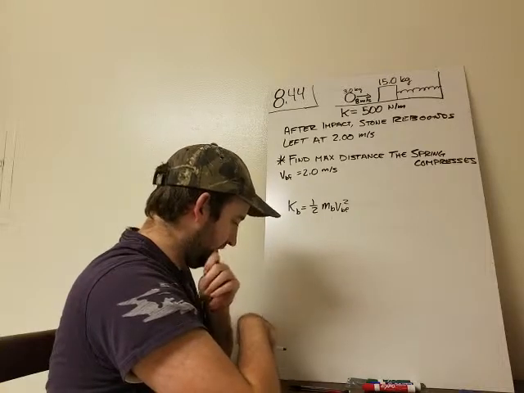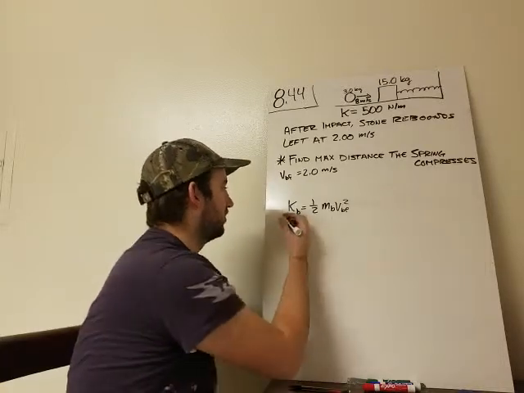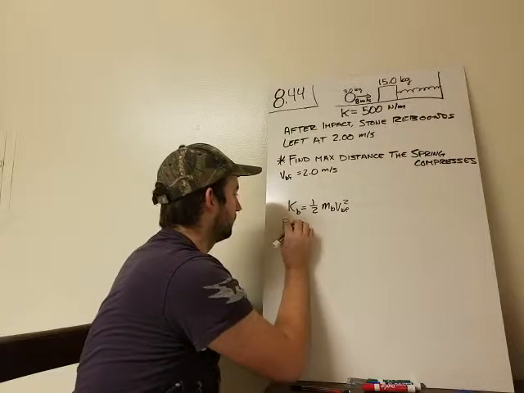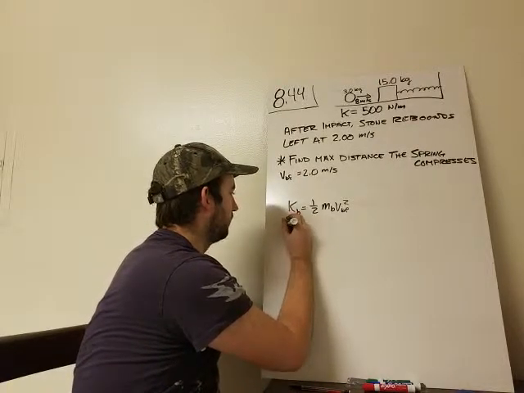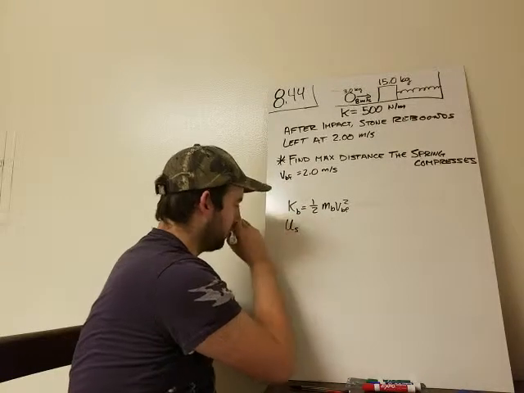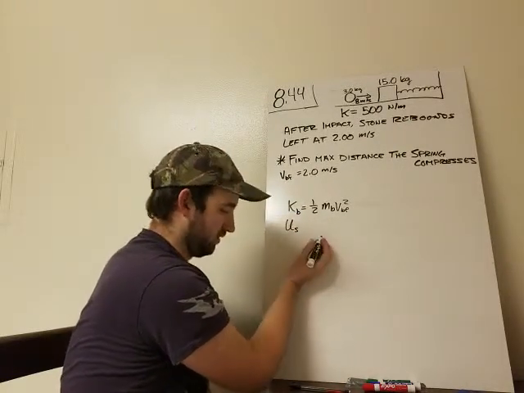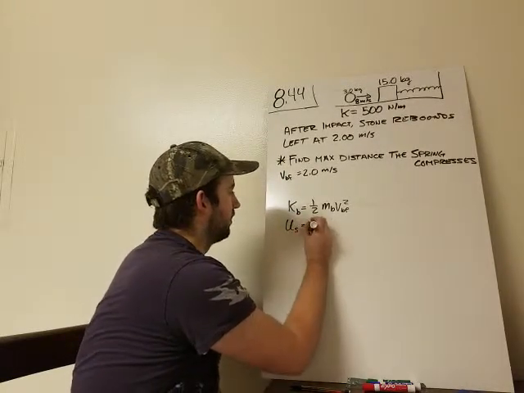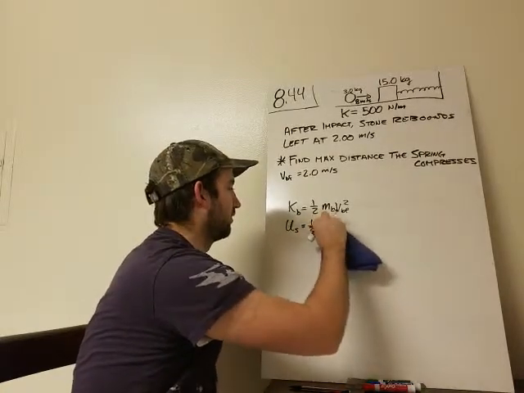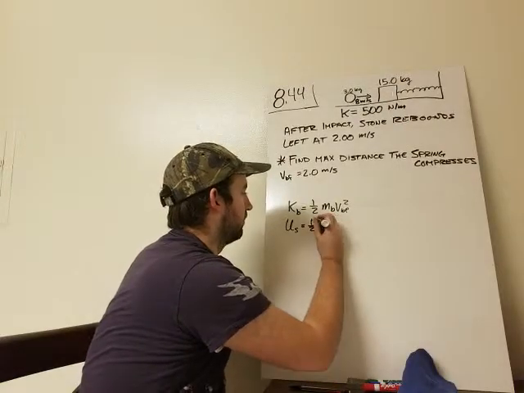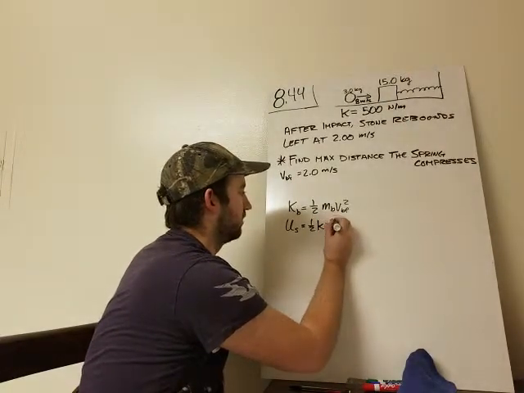And then we know that the potential energy of the spring, we'll just say U_S for the potential energy of the spring, is equal to 1/2 k x squared.